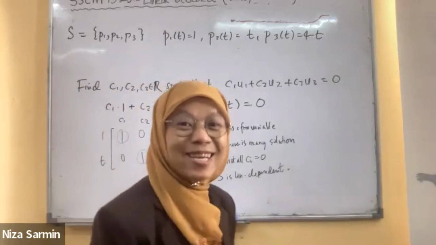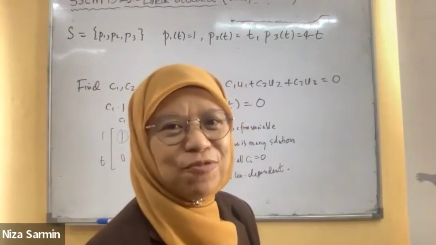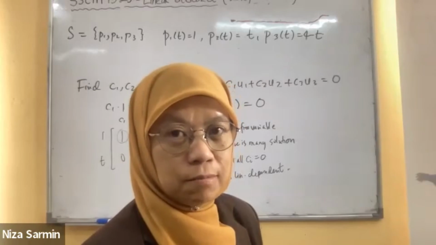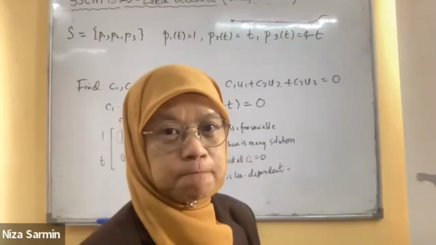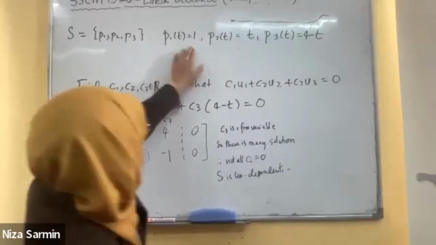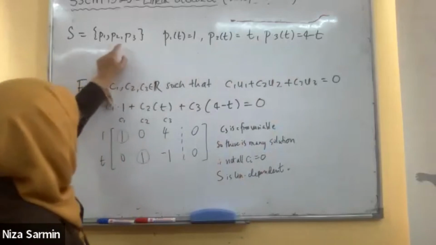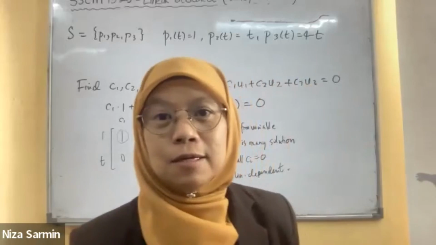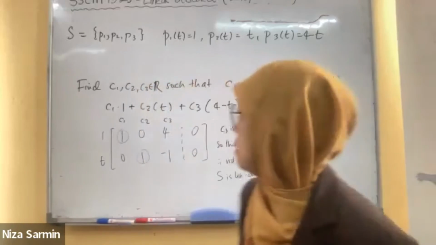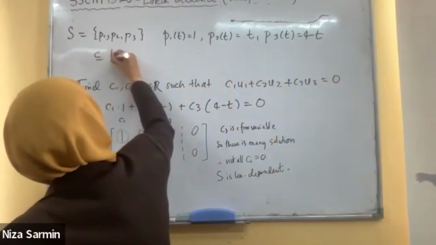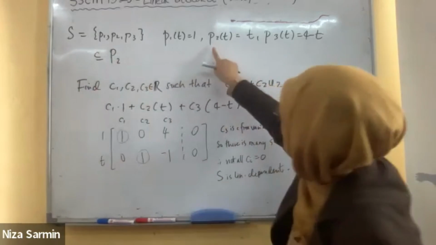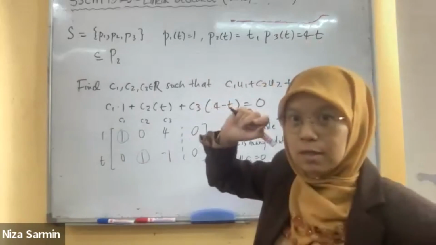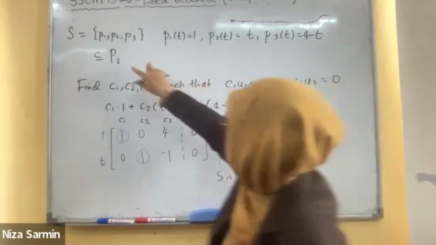So the secret is, if the number of vectors is more than the dimension, okay, the number of vectors, 1, 2, 3, the dimension of P2, this is P2, yeah, is n plus 1, Pn plus 1. This is in P2. Why do I know P2? Because polynomial is t to the 1. So it's not P2, it's P1.